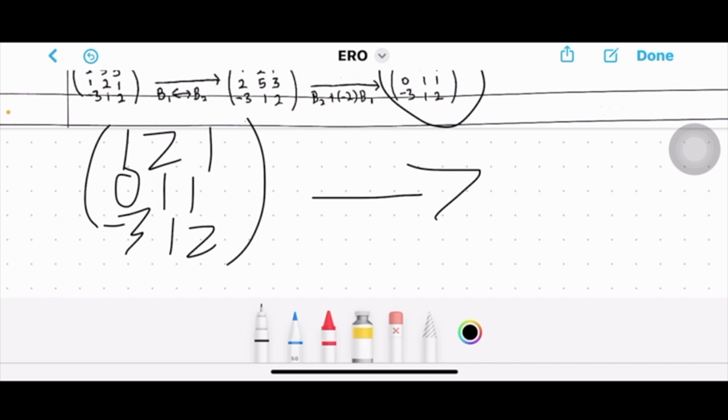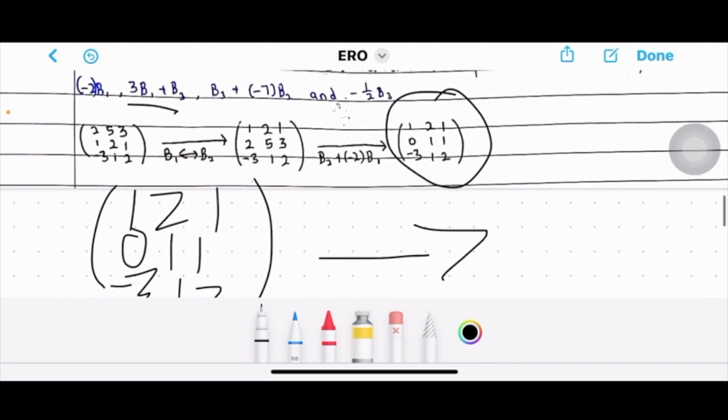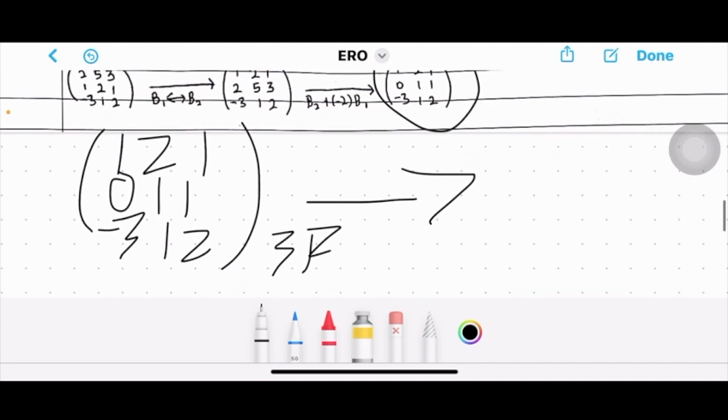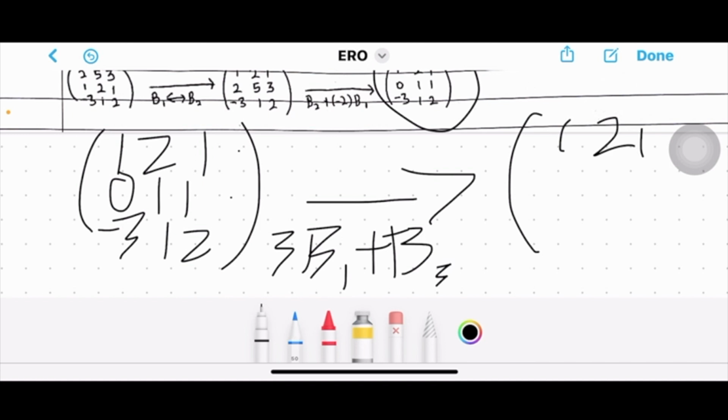For this operation, the first 2 rows won't be affected, so we can straight away copy them down.